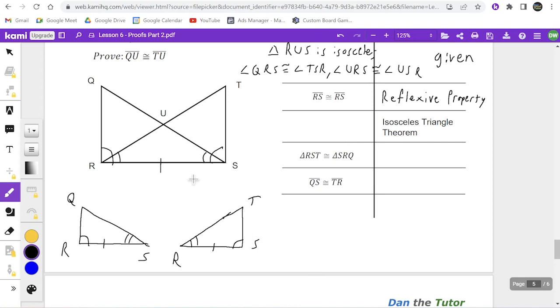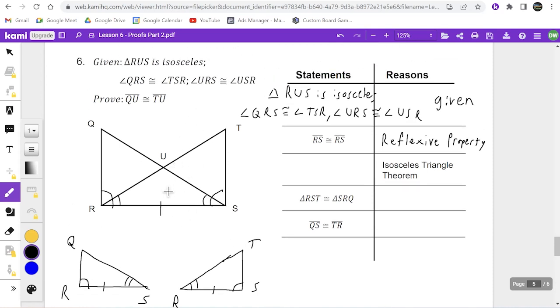And the isosceles triangle theorem is not about QRS or TSR. Why not? Because remember what I said in the given. Triangle RUS is the isosceles. So how am I going to use the isosceles triangle theorem here? The answer is you already have the angles are congruent, so that means the sides must be congruent.